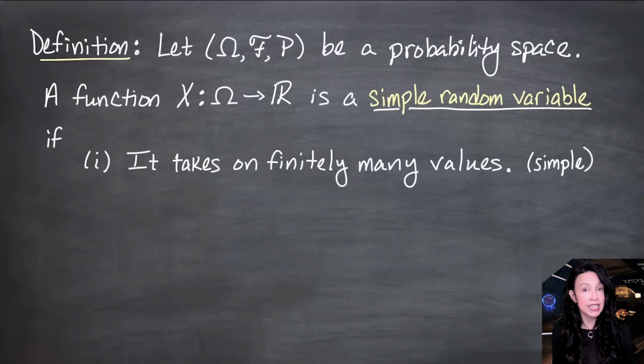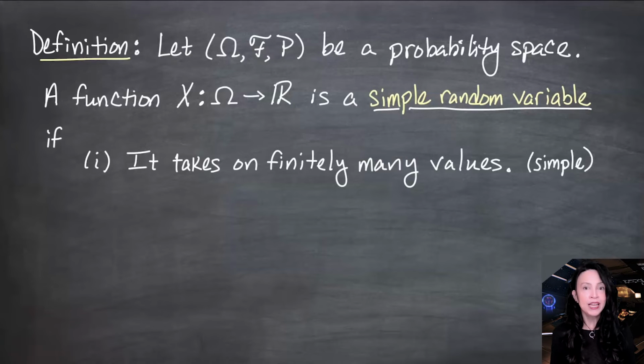So it needs to be discrete, but also a finite number, not countably infinite. So it can't take on, say, all integers or all positive integers. It's a finite number of values. And by the same token, they do not have to be integers. So maybe our random variable X takes on the values pi, e, and 7.2. That would be at least the beginning of the definition holding for this simple random variable.